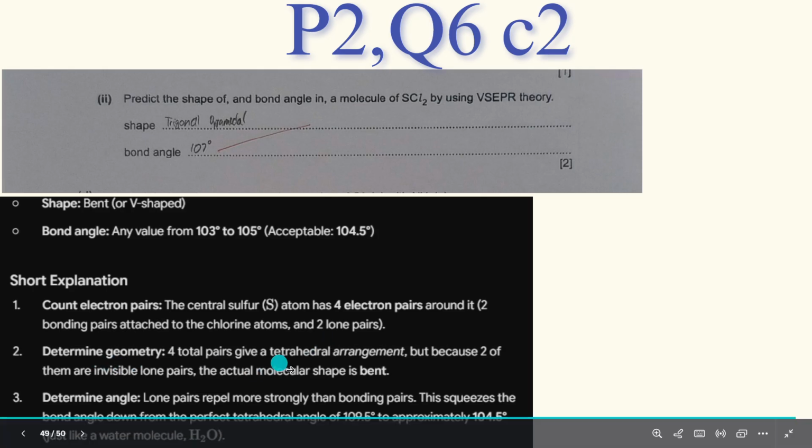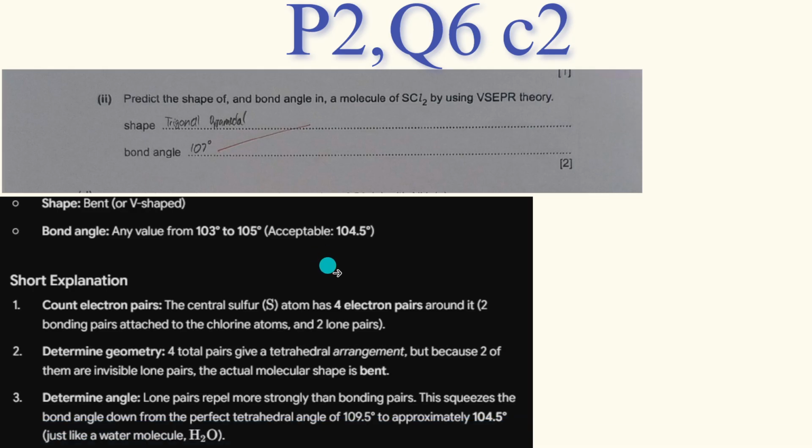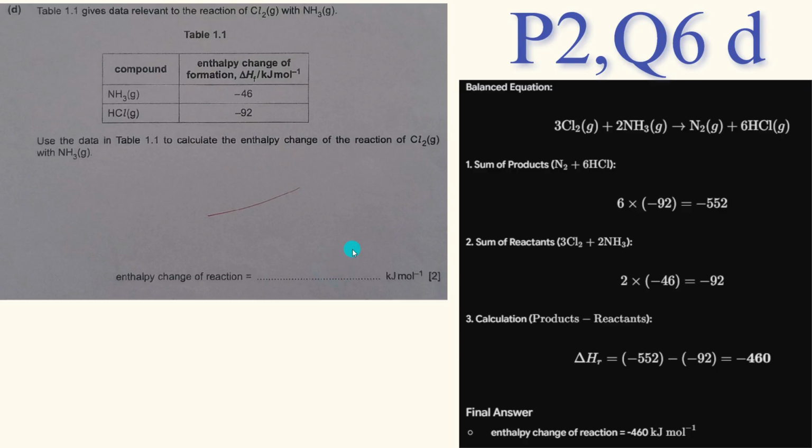Determine geometry: 4 total pairs give a tetrahedral arrangement, but because 2 of them are invisible lone pairs, the actual molecular shape is bent. Determine angle: lone pairs repel more strongly than bonding pairs. They squeeze the bond angle down from the perfect tetrahedral angle of 109.5 to approximately 104.5.